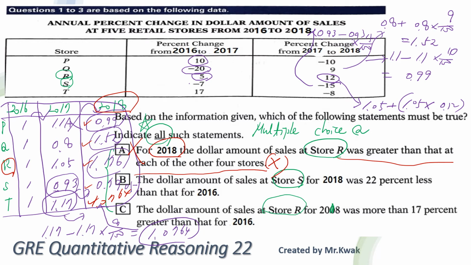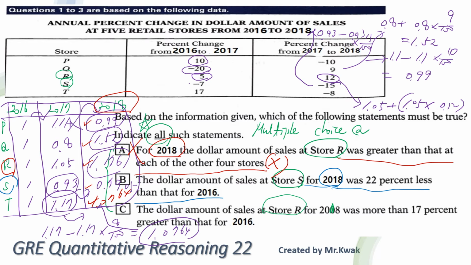Let's move on to choice B. The dollar amount of sales at store S for 2018 was 22% less than that for 2016.